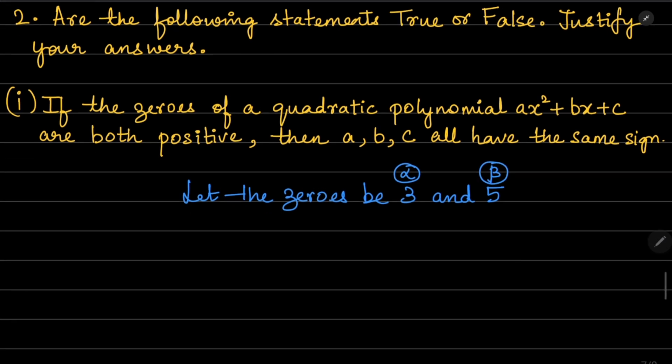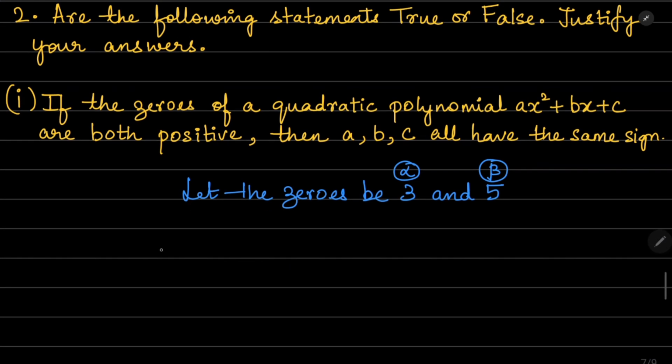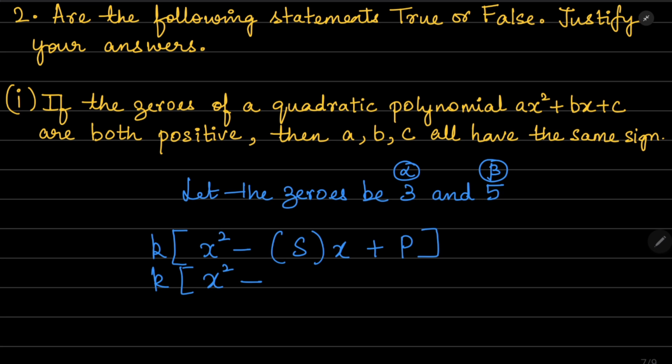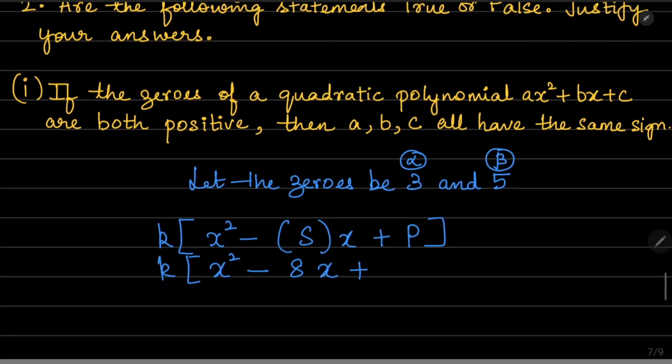How will you write a quadratic polynomial if you know the zeros? k multiplied by x square minus the sum of zeros x plus the product. So k multiplied by x square minus, what will be the sum? 3 plus 5, 8x plus 3 into 5, which is 15.